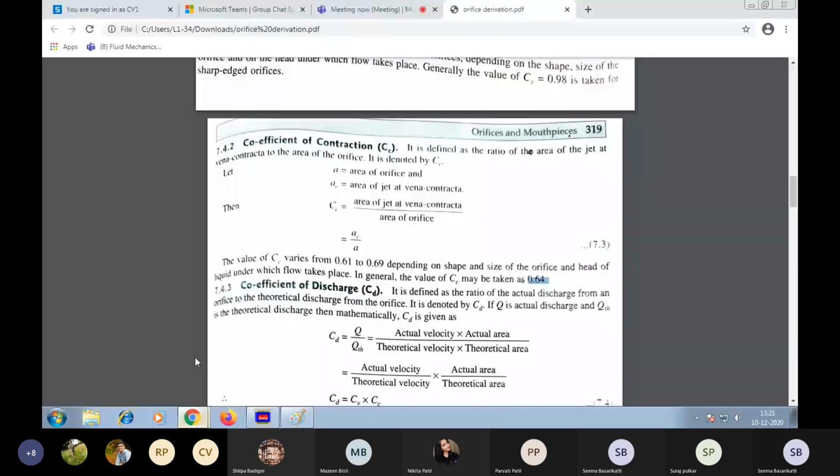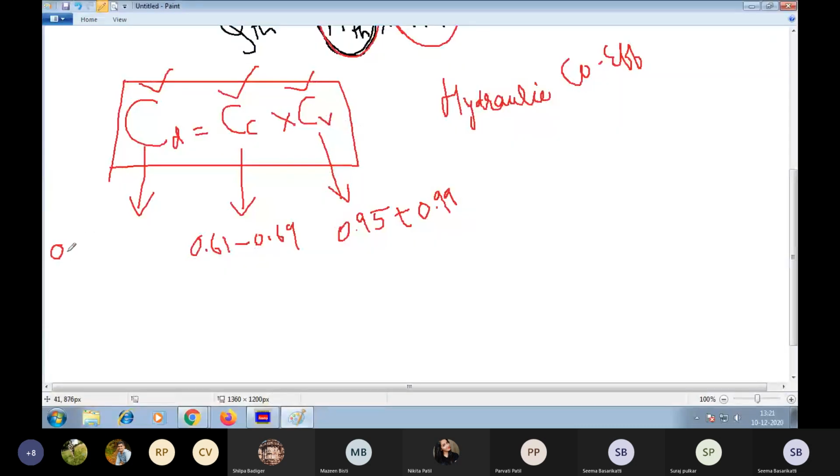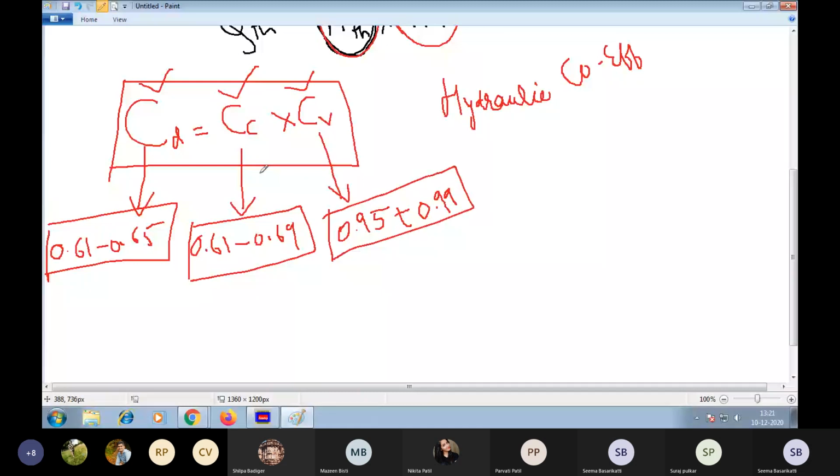In that, 0.64 is permissible. And what about coefficient of discharge? Coefficient of discharge varies from 0.61 to 0.65. So these are the coefficients of discharge, velocity, and contraction, that is nothing but the hydraulic coefficients.